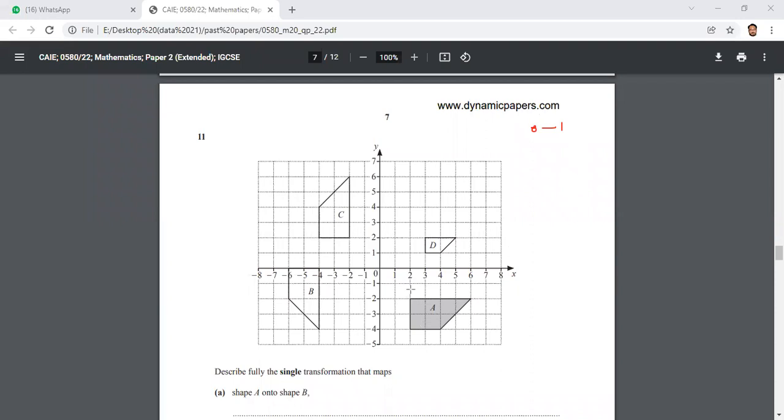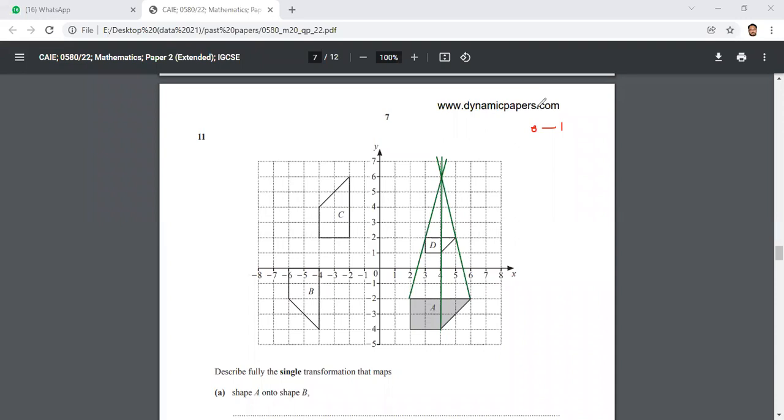Choose the same corner point and extend your line. Then where these lines meet, that is your center of enlargement. If you draw one more line from here towards up, you will see that these lines intersect at this point.